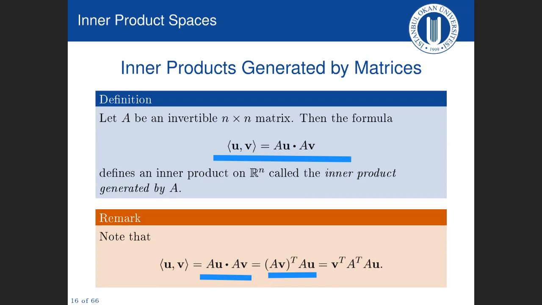And for the transpose of a product of two matrices, you can take the transpose inside the bracket as long as you change the order. (Av) transpose is the same as v transpose A transpose. So we could write this inner product as v transpose A transpose A u if we wanted to. And that's going to be useful on the coming slides.